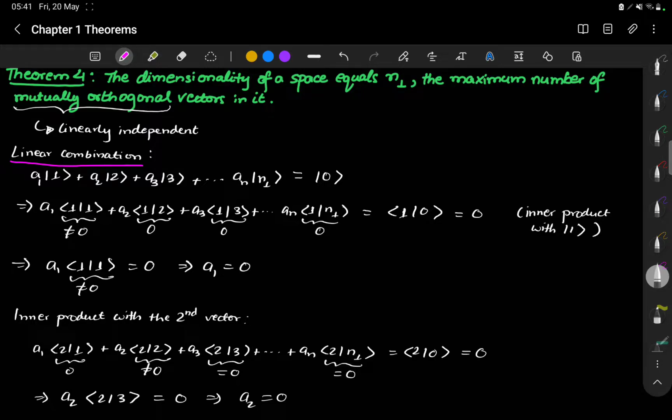We see that it cannot be lesser than the dimensionality by the Gram-Schmidt process, because the Gram-Schmidt process would eliminate the case where n perpendicular could be less than n, by the method of construction given by the Gram-Schmidt process. And from the linear independence of the mutually orthogonal or perpendicular vectors, we see that n perpendicular cannot be greater than the dimensionality. So n perpendicular has to be equal to the dimensionality.